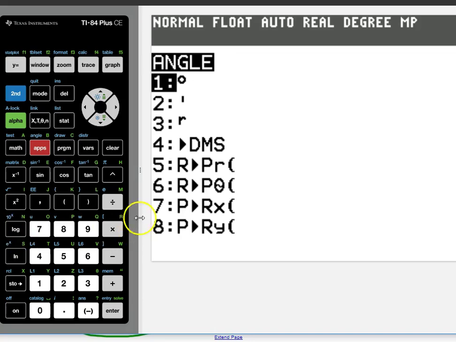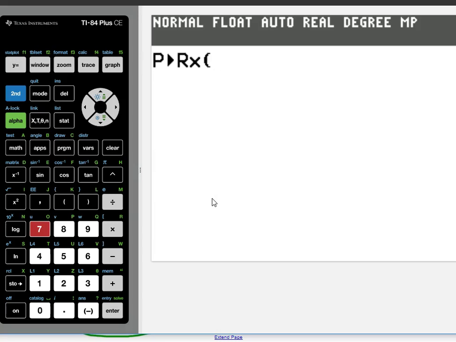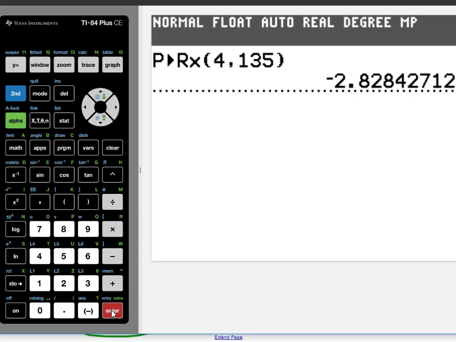So we want polar to rectangular x. So choose choice 7. And we will put in the polar coordinates. So 4, 135 degrees. And this is going to produce the x value.